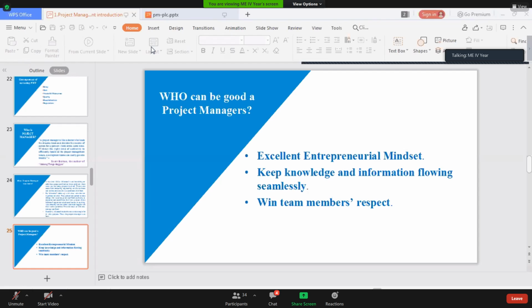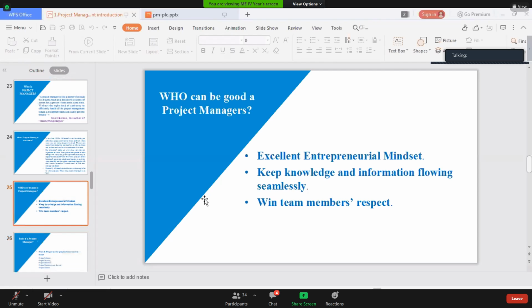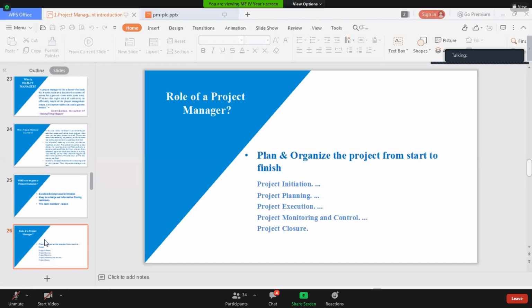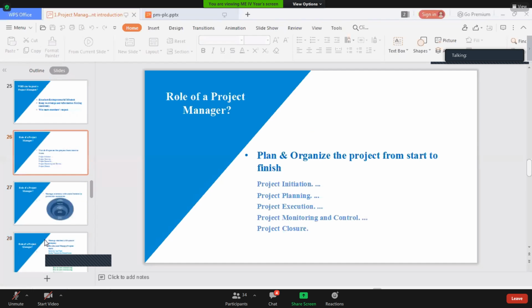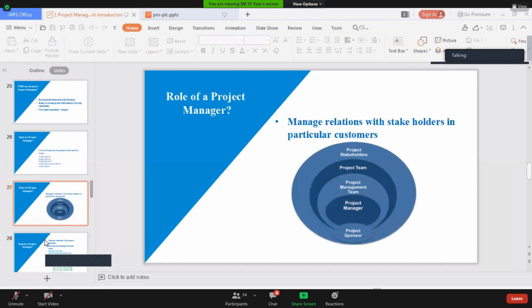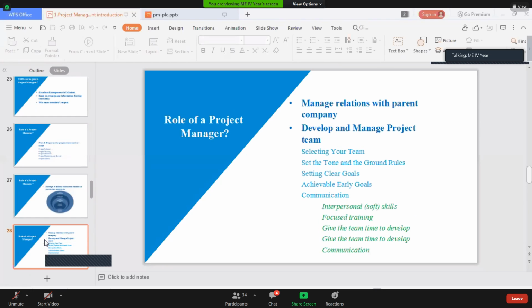Like Chhatrapati. You know Chhatrapati? So what are the roles? Initiation, planning, execution, monitoring, control. Then how the stakeholders are. Just see the picture. The manager's duty is to maintain relations with all the stakeholders, correct? Yes, different roles of the project manager.